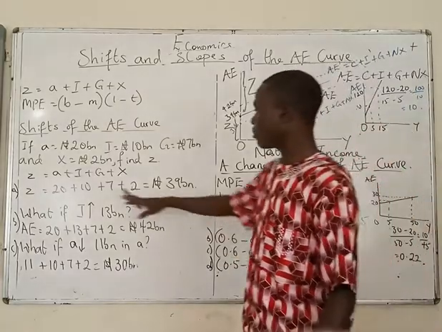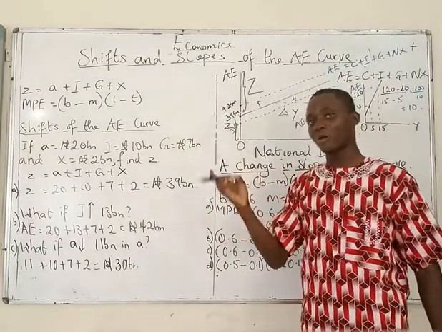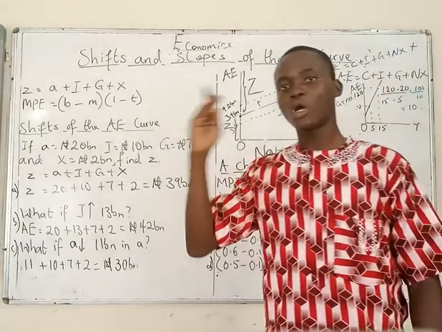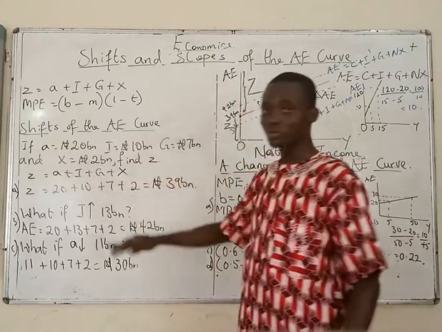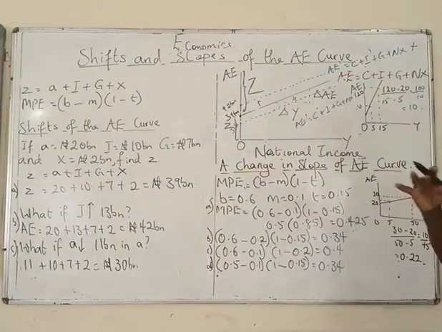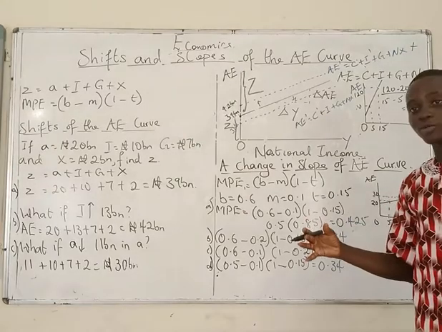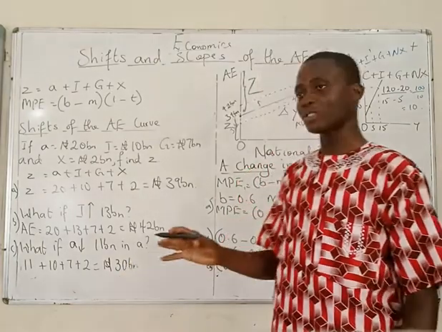So if any of these components should rise, the aggregate expenditure function rises by the same amount. That is, the AE curve shifts upward by the same amount. Now, if any of these components should reduce by a particular value, the AE curve will also reduce by that exact value, and that simply means a downward shift of the AE curve.